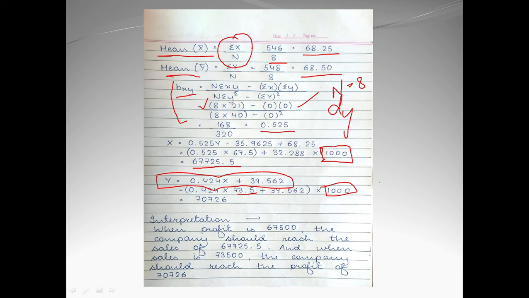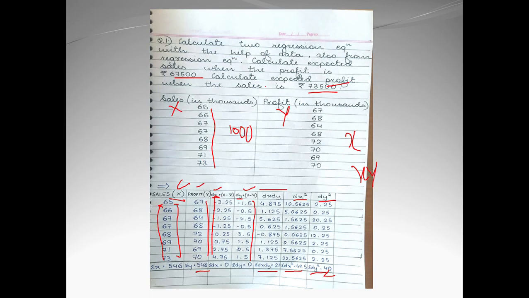Okay, so by doing so we got y, that is the profit when the sales, that is x, is given. So these are the things which were asked in the question.